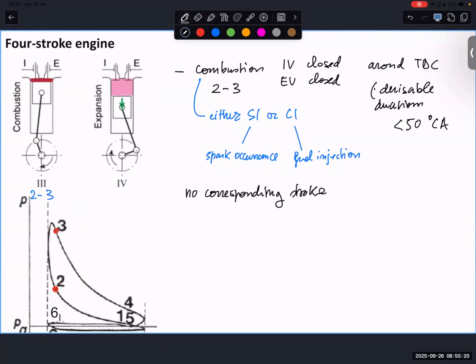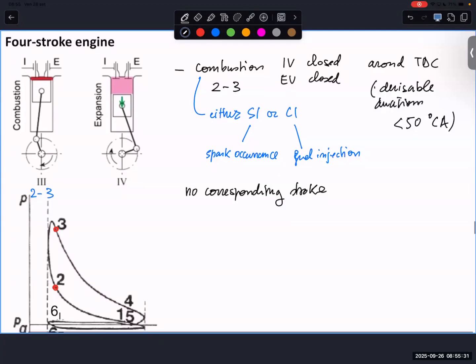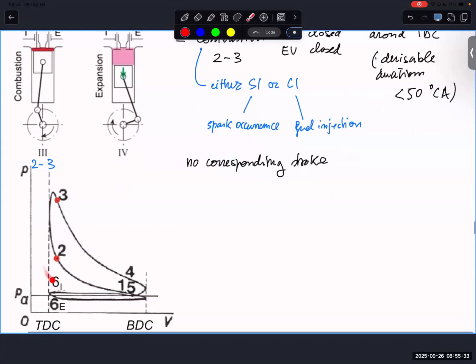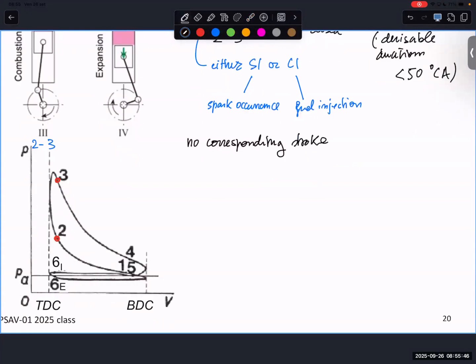Let me say a desirable duration, not too long to have a proper combustion, just order of magnitude less than 50 degrees. And it is occurring here around top dead center. So there is no corresponding stroke. During combustion, we have, as you can see, a high increase of pressure and temperature in the combustion chamber.